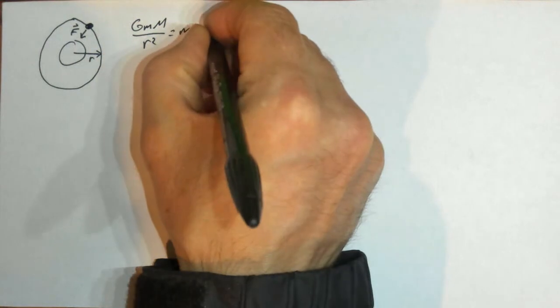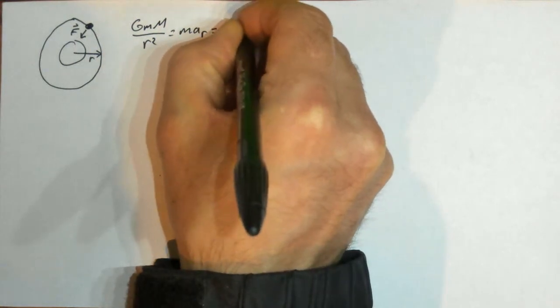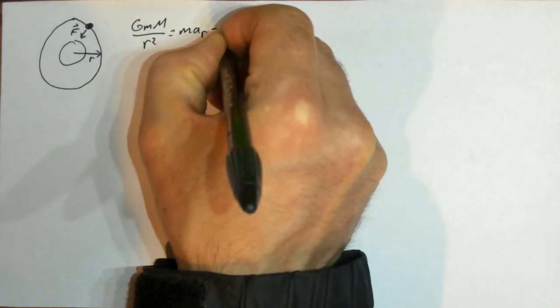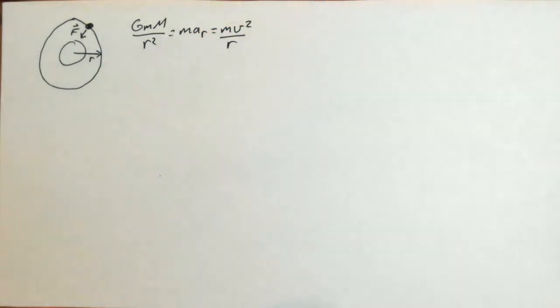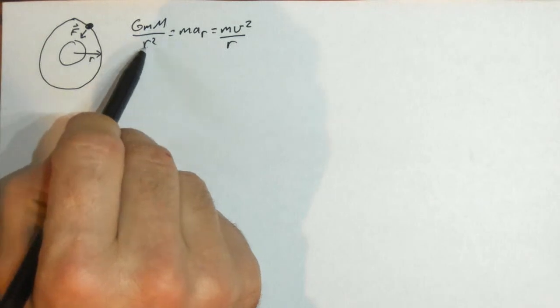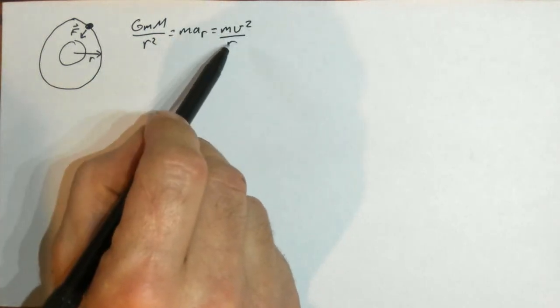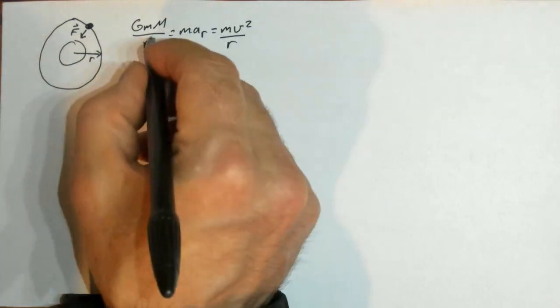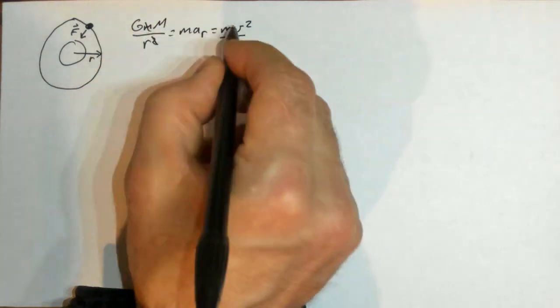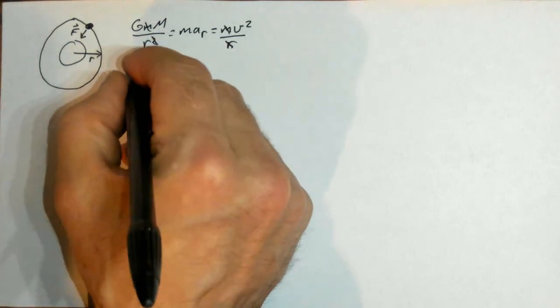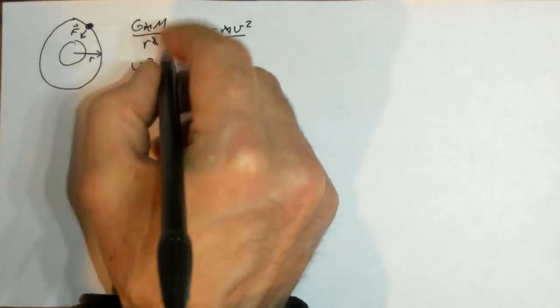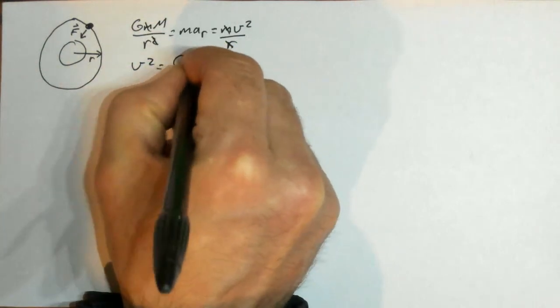And we know that that radial acceleration is the tangential velocity squared divided by the radius. Because our gravitational force depends on distance, and our radial acceleration depends on distance, we have a simplification here. The masses already cancel out. And we can say that the velocity squared is GM over r.